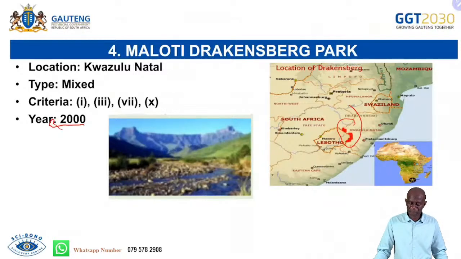And remember, please put in your memory that the first 3 that we have discussed were declared in the year 1999, and now this one, different from the first 3, was authorized to be a World Heritage Site in the year 2000.